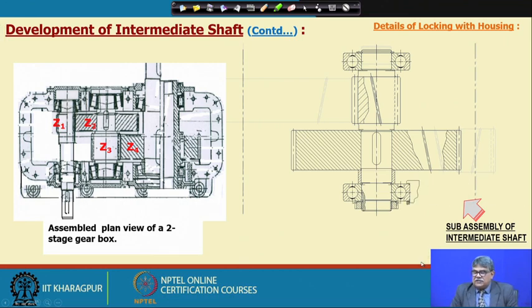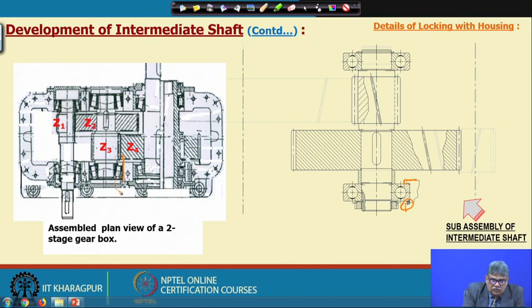So, one option is on the housing, say this is the housing here. If you look into this housing, in that case it is completely machined. Instead of that, we will keep some portion so that the bearing can rest on that while we are boring, and this one is the cover.